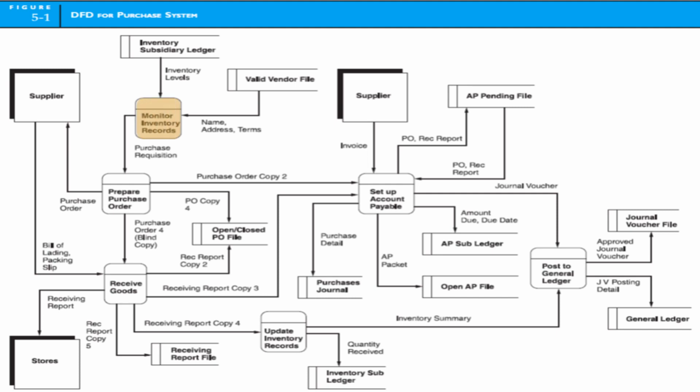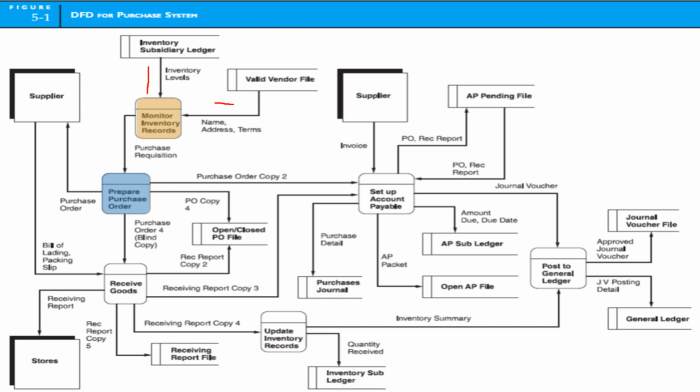So we will start by monitoring the inventory records based on the inventory subsidiary ledger and also the valid vendors file. This is the input to the process of monitoring the inventory records, and based on this process we will prepare the purchase requisition, which will lead to the process of preparing the purchase order.